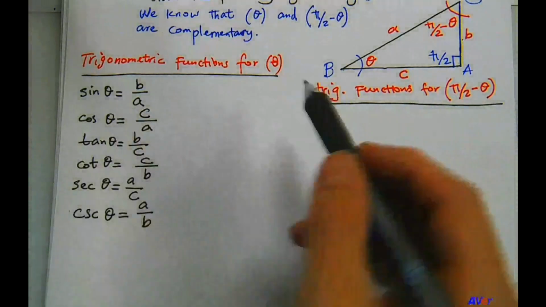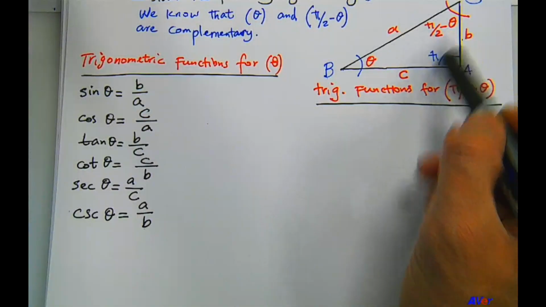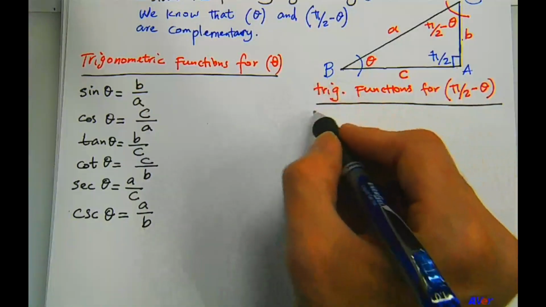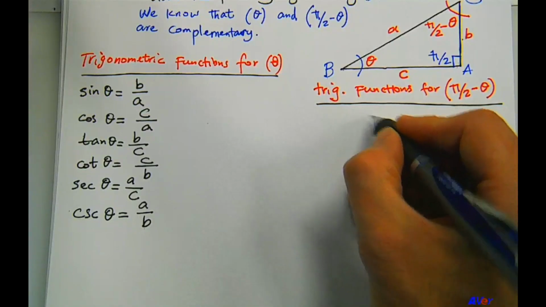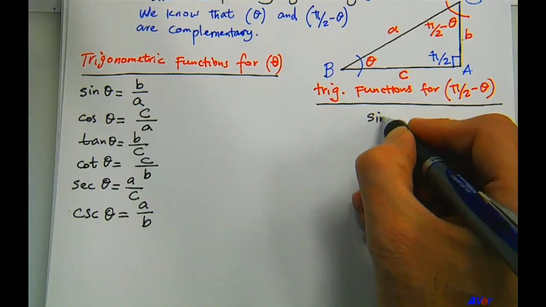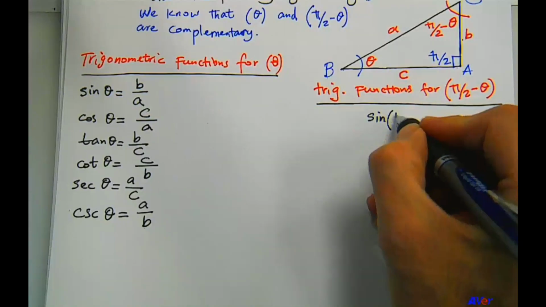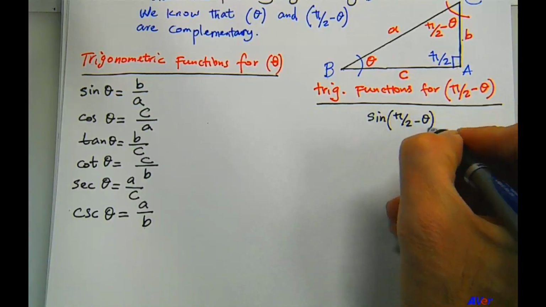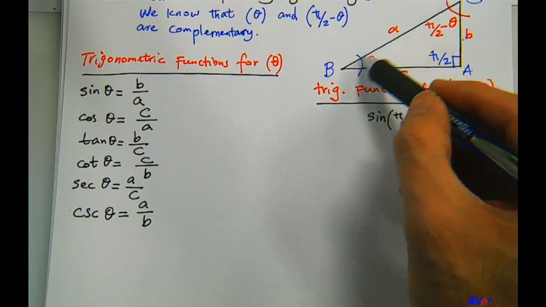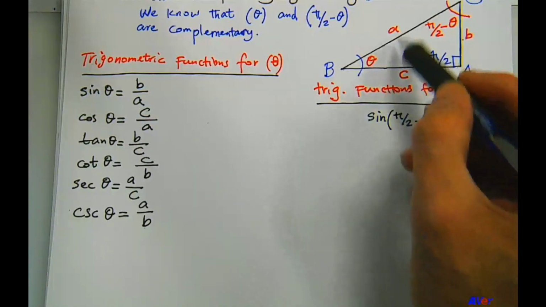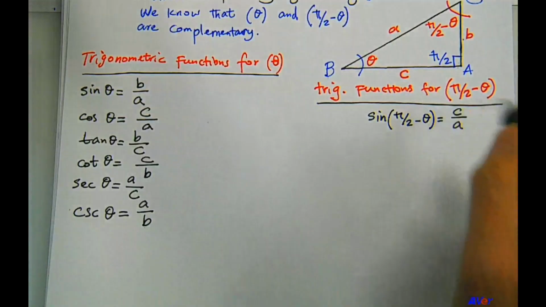Now let's do the same thing for the complement of theta, which is pi over 2 minus theta. So I'm going to start from here and say that sine of pi over 2 minus theta would be the opposite side divided by the hypotenuse, right? So that's c over a.